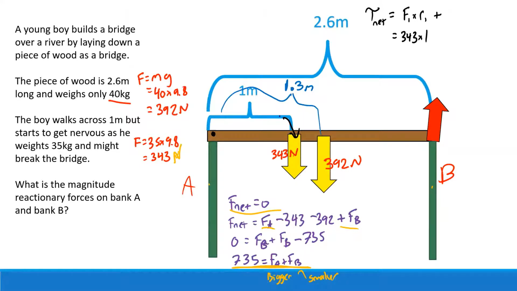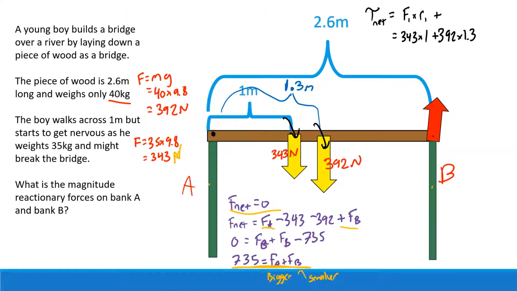Now, the second torque is going to be this one here, also clockwise. So plus, in this case, 392 times 1.3.